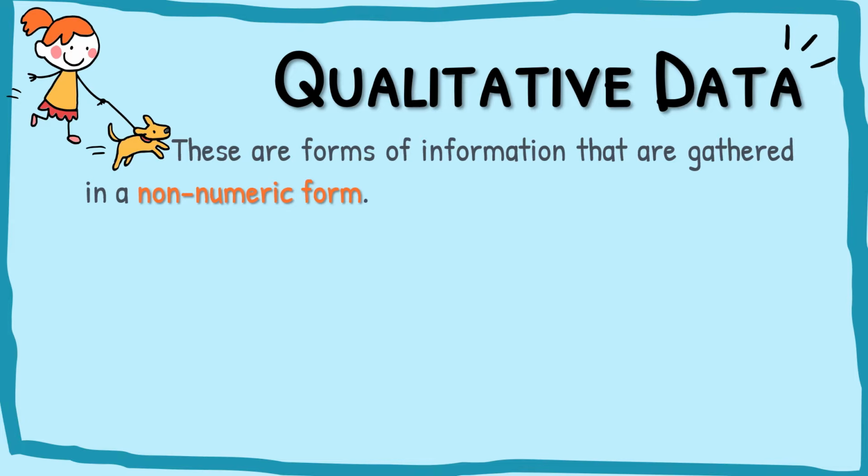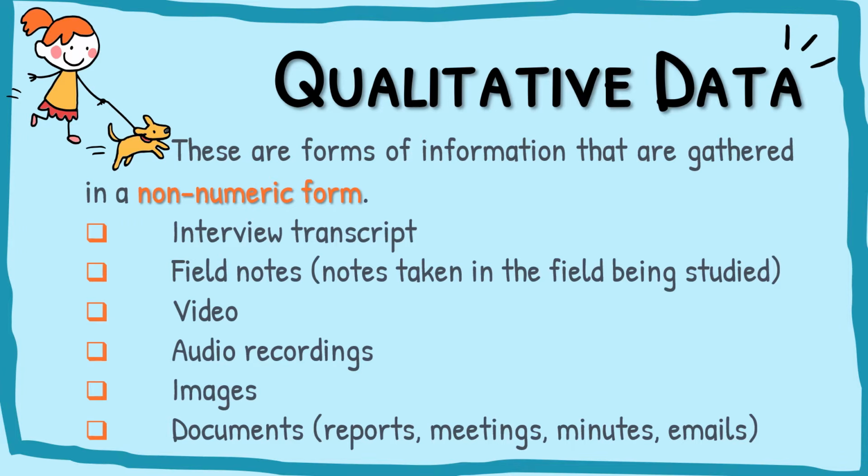Therefore, data is usually collected from a smaller sample than would be the case for quantitative approaches. Qualitative data can be in the form of interview transcripts, field notes, video, audio recordings, images, and documents.